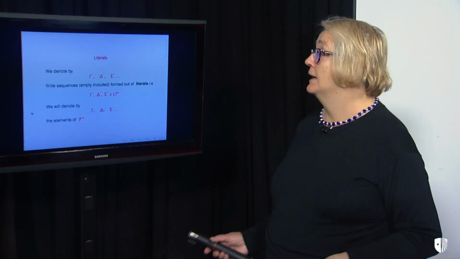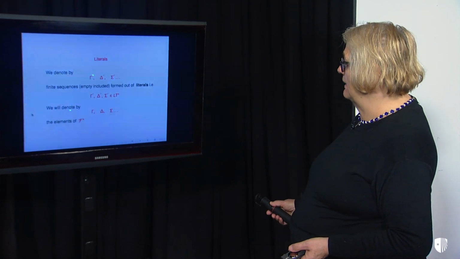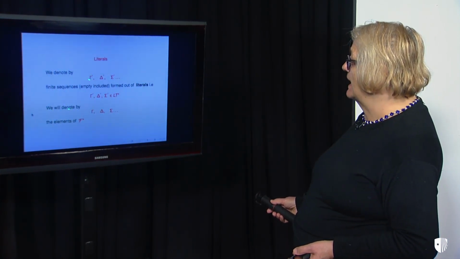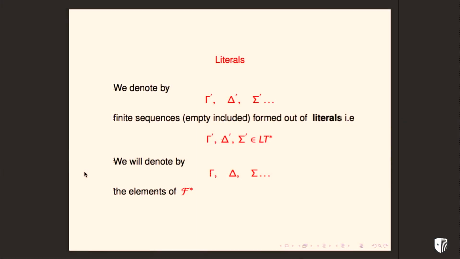When you declare your variables in your program, you have to use them the way they've been declared. So in our notation, this little prime means that these are finite sequences of literals. Mathematically, gamma prime and delta prime, which can have indices, are in LT star, where the star means a finite sequence of literals.